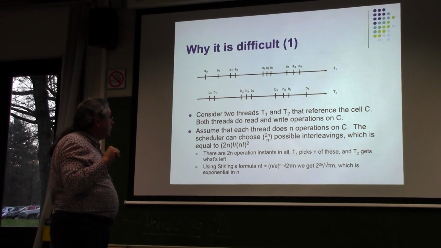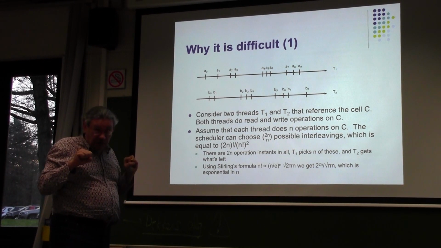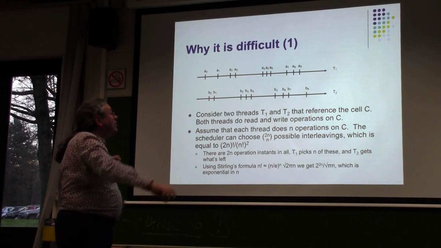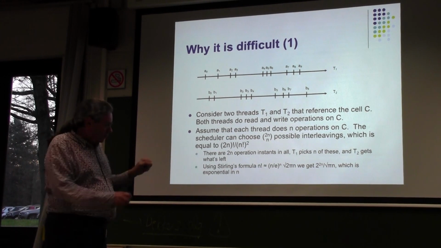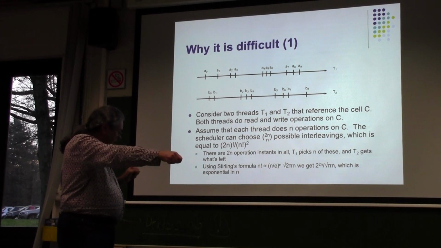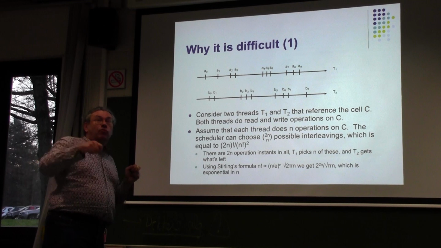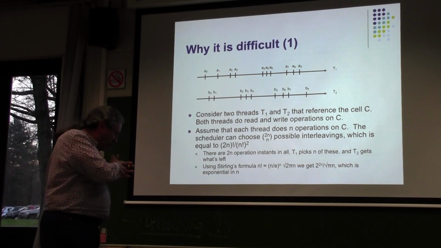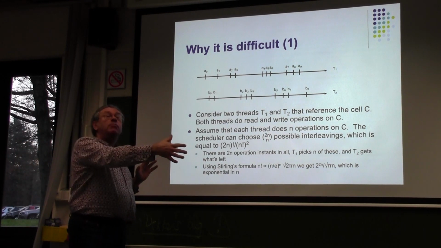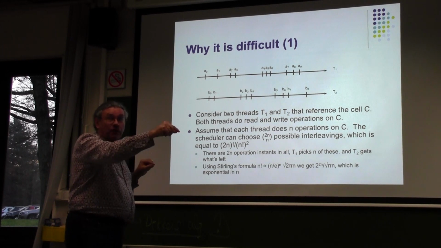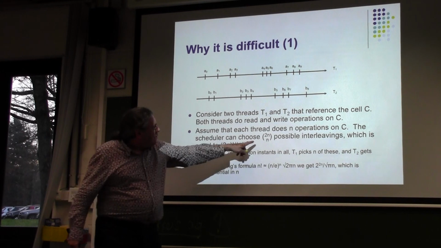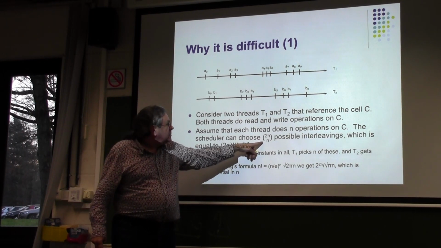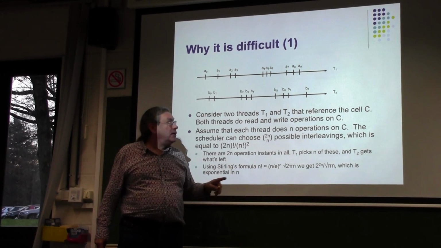That means the a's will choose n positions out of 2n, from 0 to 2n minus 1. The a's will choose n, and there's only one possibility left for the b's. There will be n slots open, and the b's go in there. That means the number of possible interleavings is 2n choose n.